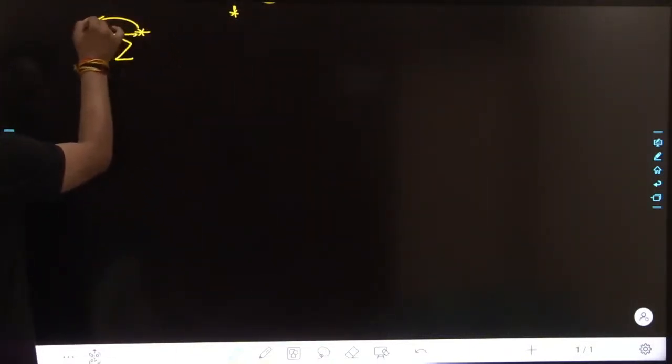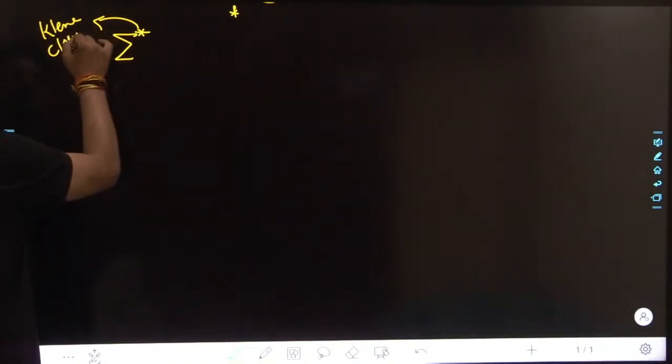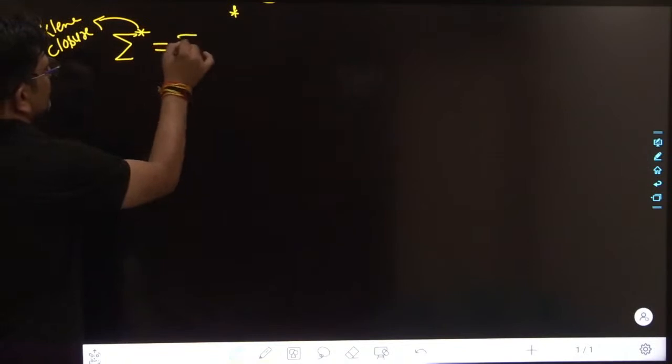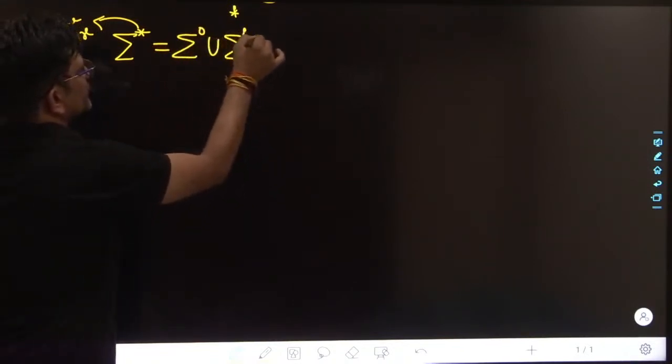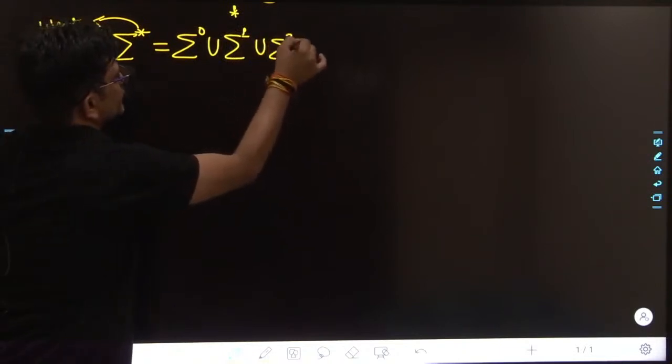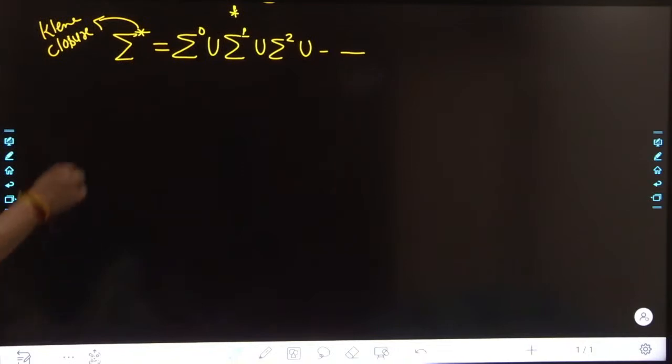Now, another term is sigma star. This is known as Kleene closure. What is this? Sigma to the power 0 union sigma to the power 1 union sigma to the power 2 union and so on.